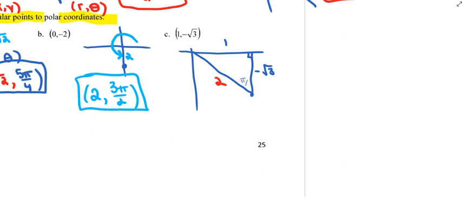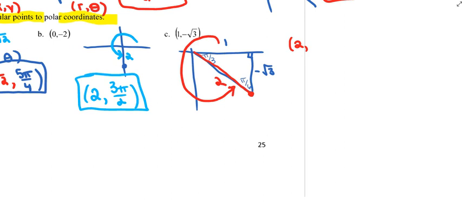My smaller angle is opposite the 1. My larger angle opposite the root 3. So as far as polar coordinates, remember that the hypotenuse of your triangle is the same as your radius. So radius here, length 2.